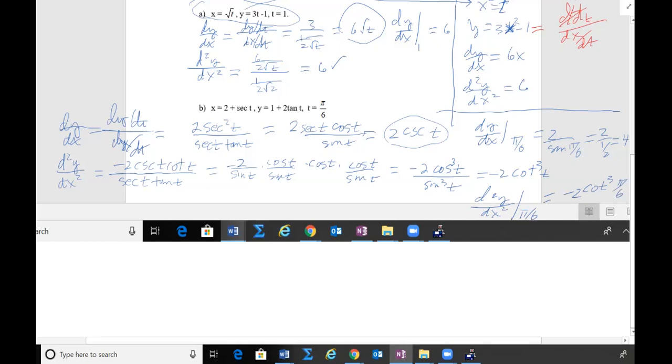Let's see, the cotangent of pi over 6 will be root 3 over 1. So we have minus 2 root 3 cubed, which is minus 6 root 3, bringing out that 3. Keeping 3, bring 1 out. Okay, so there's your answer for that. All right.